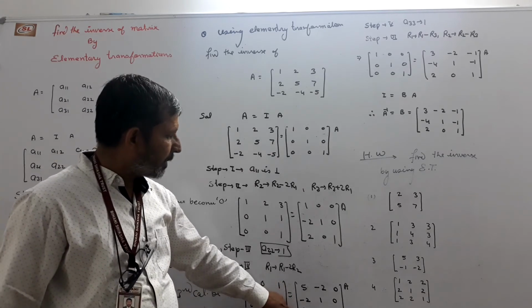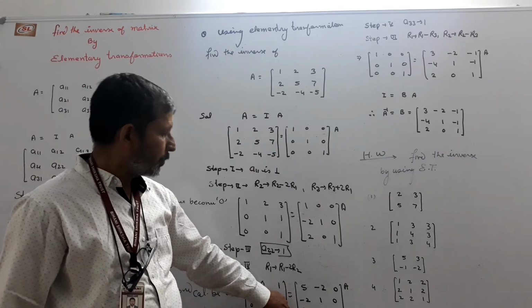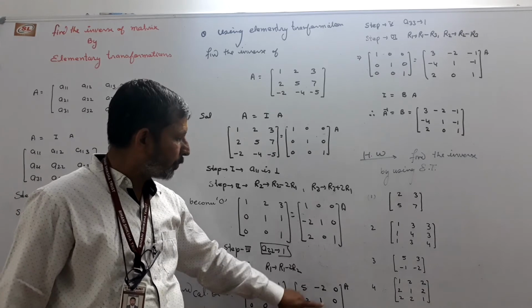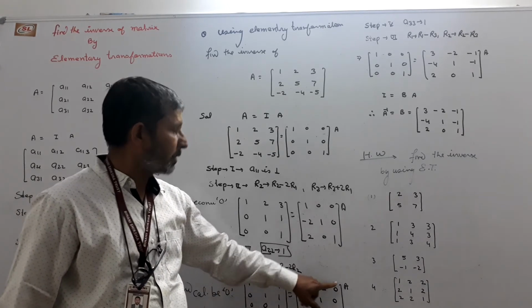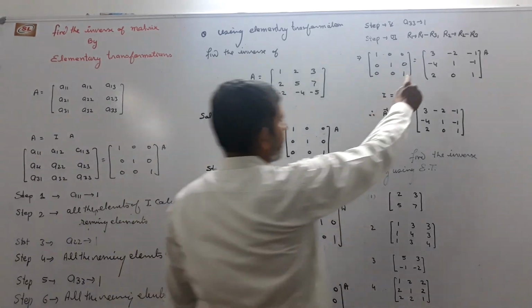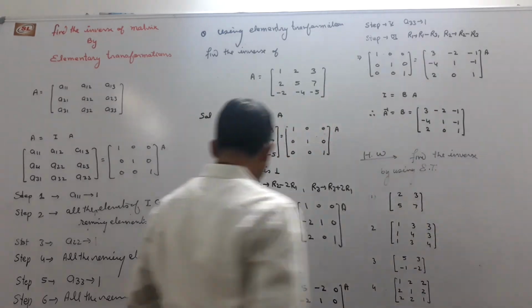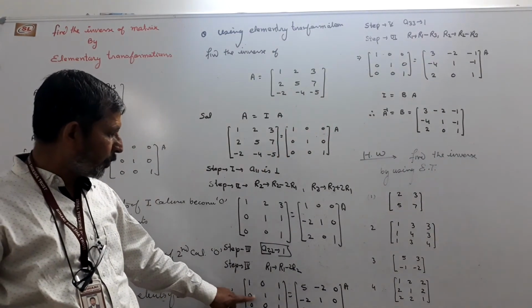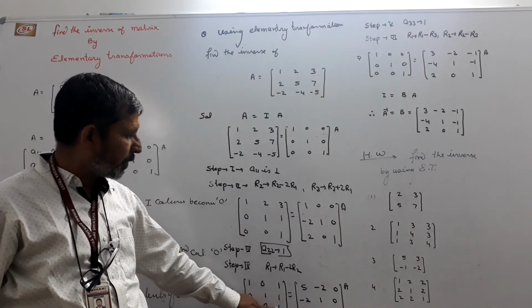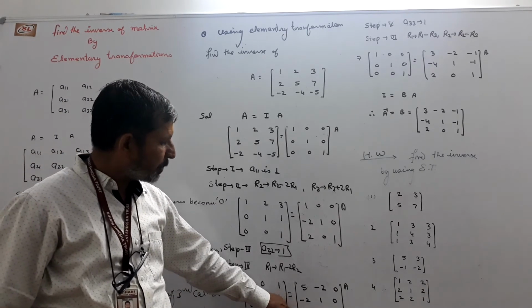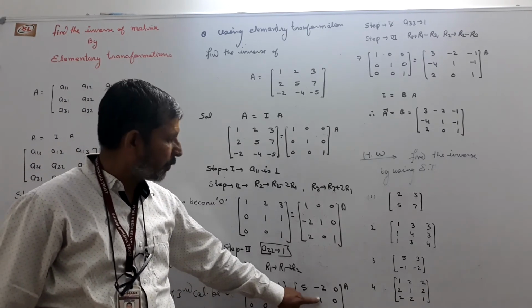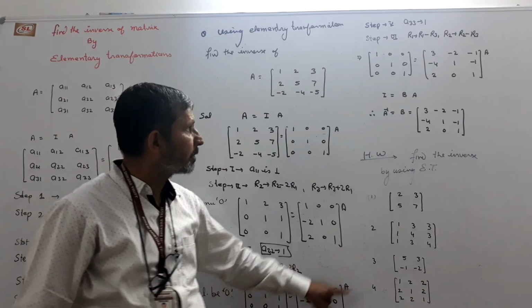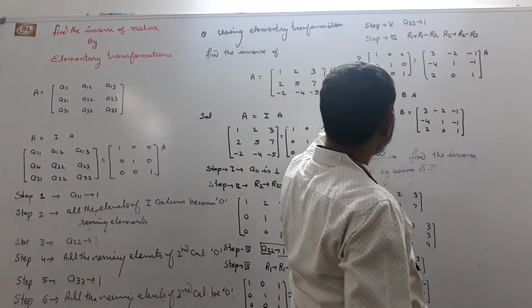So 5 minus 2, 3, minus 2, 0 and 0 and minus 1. This is the first row. Second, R2 minus R1: 0 minus 1, minus 0, 1 minus 1, minus 2 and minus 2, minus 4, 1 minus 0, 0 minus 1. And the third row as it is.